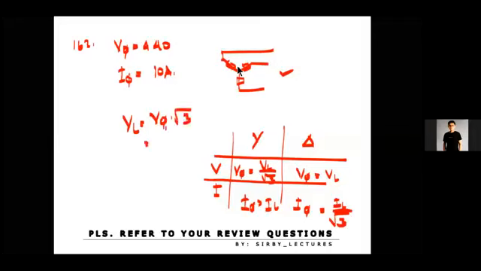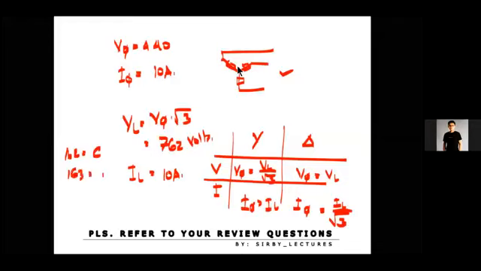So this is 762 volts. And for I sub L, this is the same as the phase current, which is 10 amperes. So therefore our answer for 162 is letter C, and for 163, this is letter A. Okay, next item.